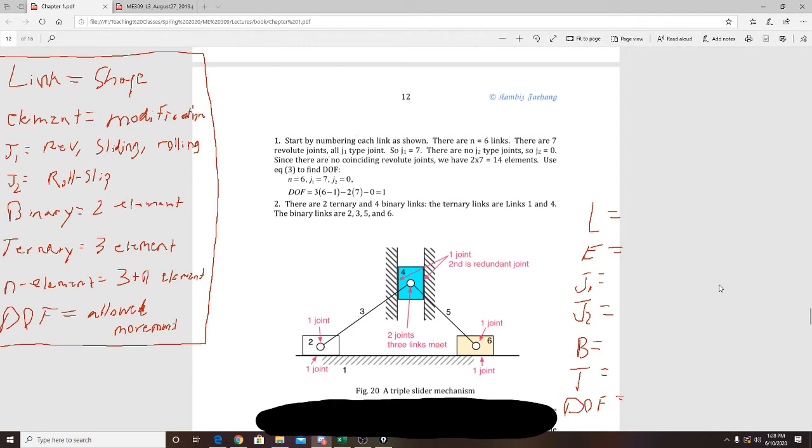Can degrees of freedom be negative? Degrees of freedom cannot be negative. I am fairly certain. So Sean has an answer down.